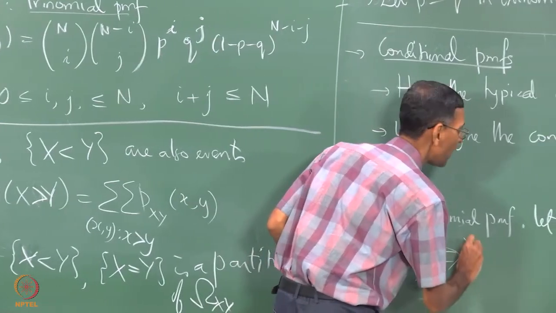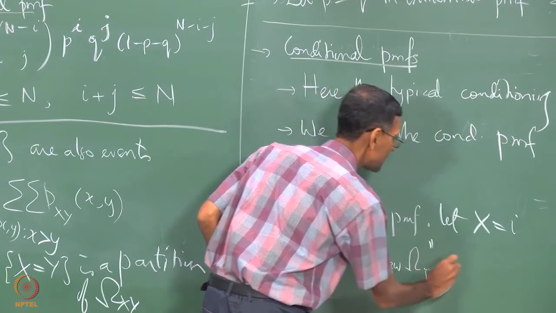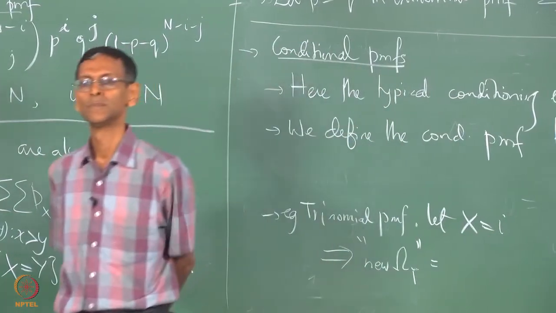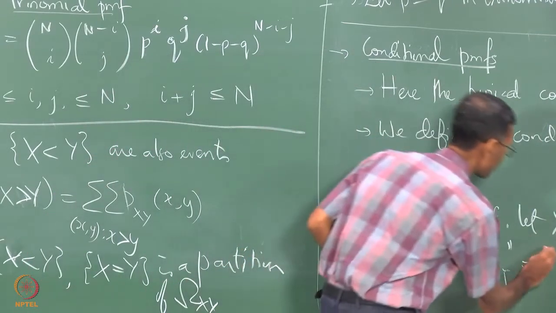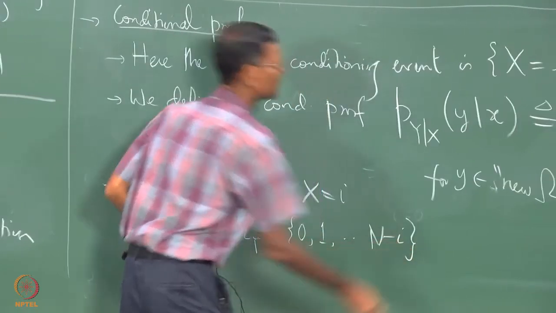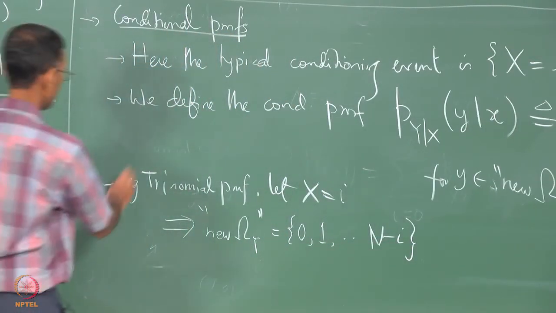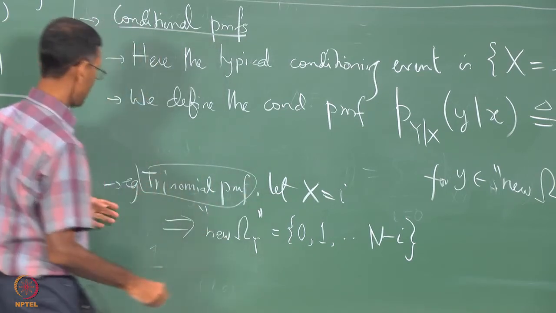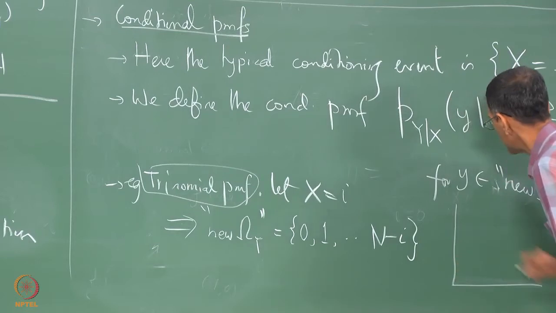So given that X equal to i, what is this nu omega Y? In general it depends on i: it is the set of integers 0 to n minus i. Maybe I should have drawn that picture and kept it, but I can draw it again.